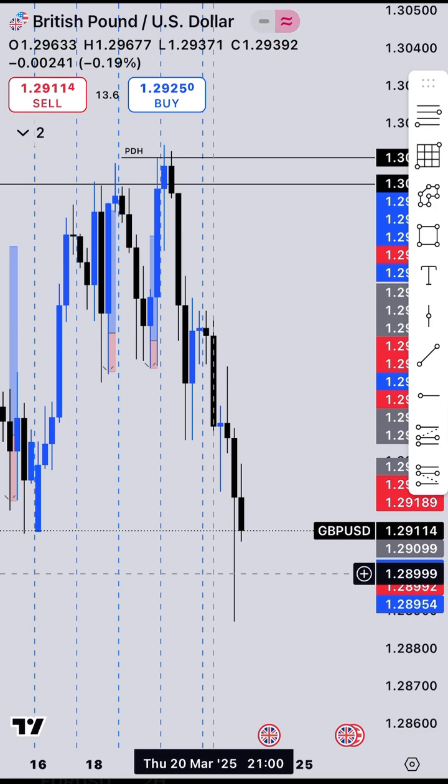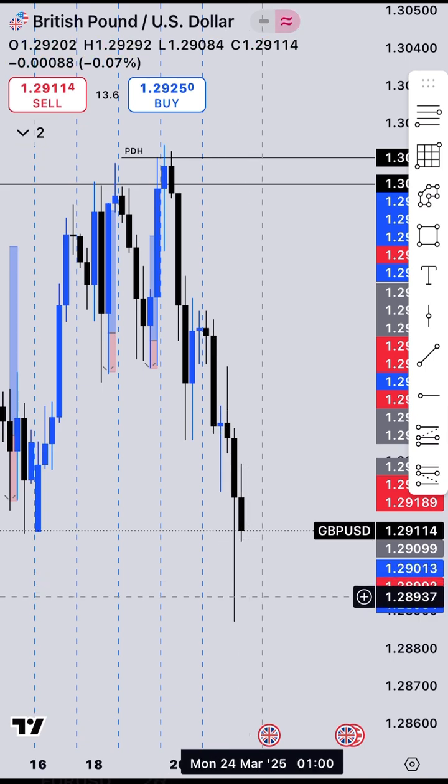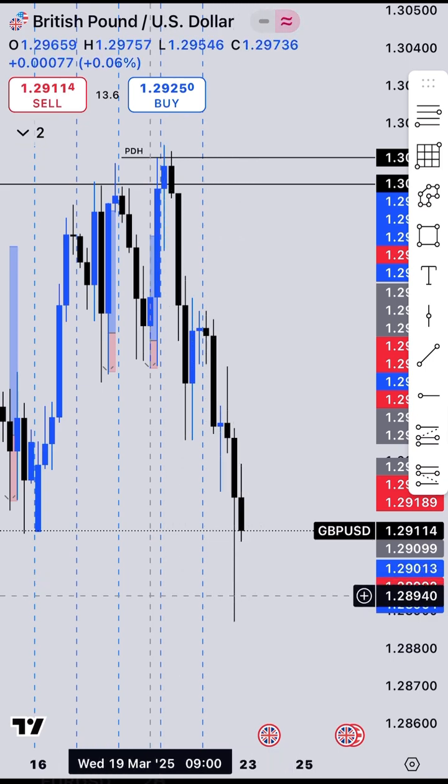But on GBP USD, because one pair sometimes waits for the other, one will be faster than the other. But at the end of the day, the one that is faster will actually wait for the second one to make a move so that they can start moving together.